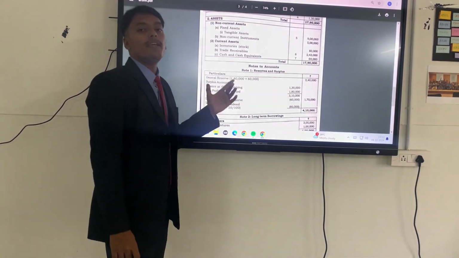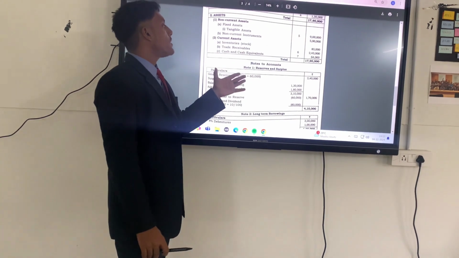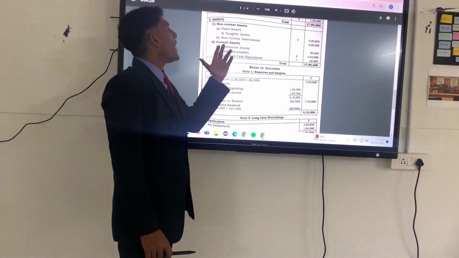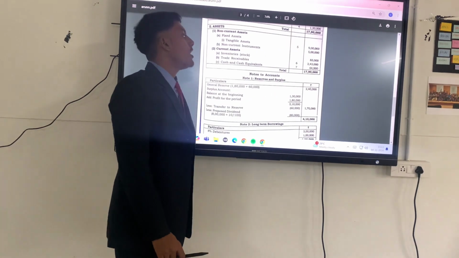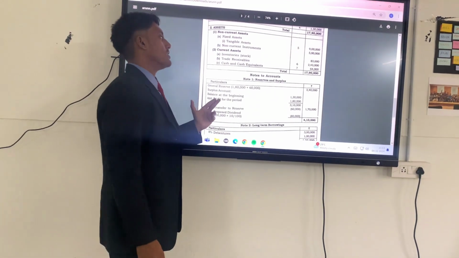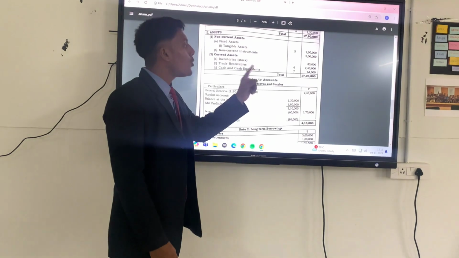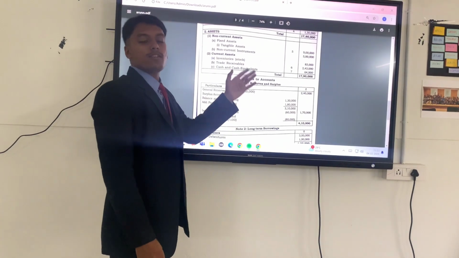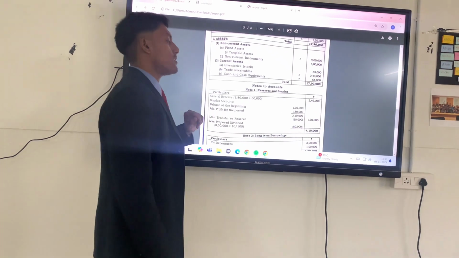Then the next is current assets. Under current assets, as you can see, first comes inventories, that is stock. It is 83,000, which is directly given in the question. Then comes trade receivables. It is 2,43,000. Now we can look at how it comes as 2,43,000.